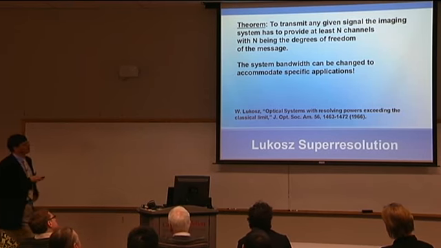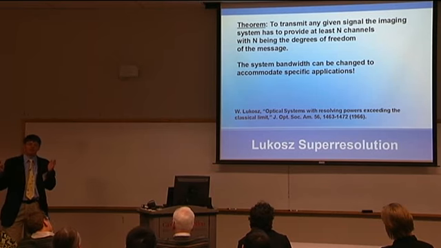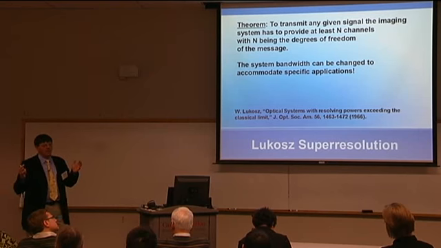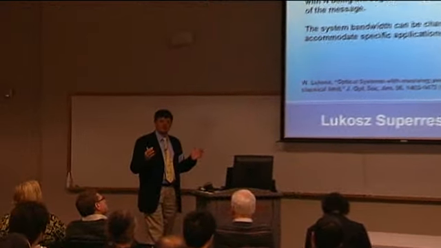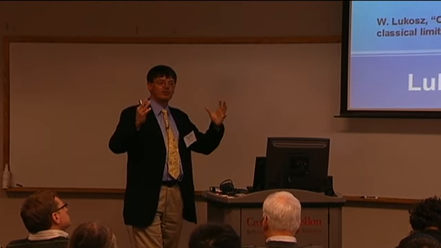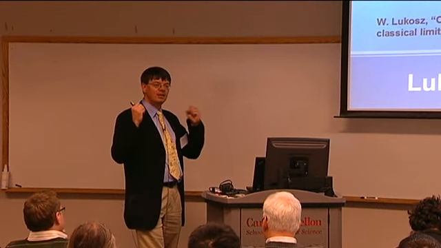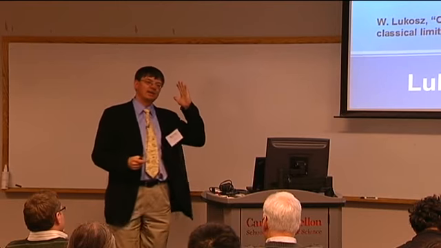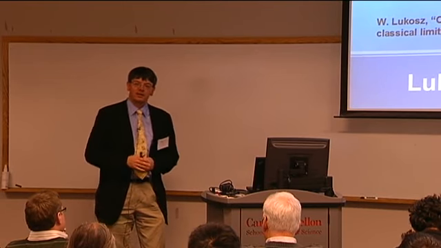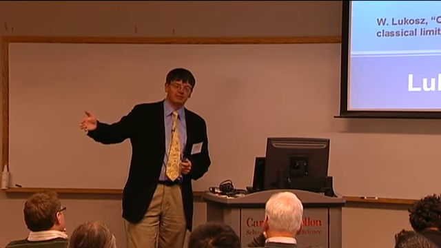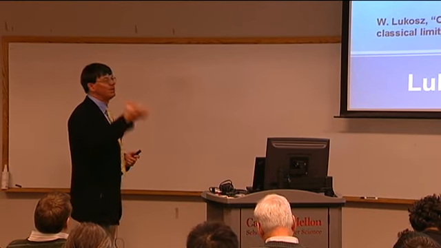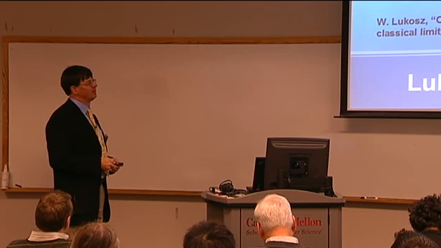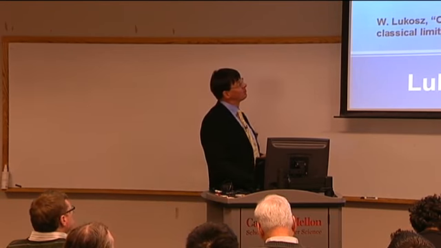And what Lukács recognized is that we can think about an imaging system as a communication channel. And if our signal, in one way or the other, does not really fill up this communication channel to its very limit, we can add an encoding step at the front and a decoding step at the end, and we get more meaningful data through this channel than we did before.